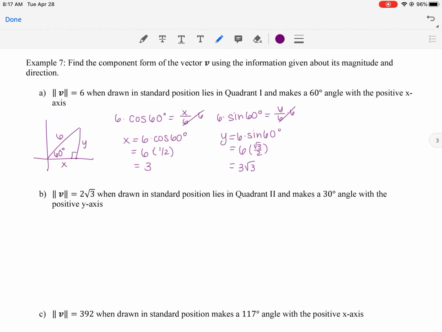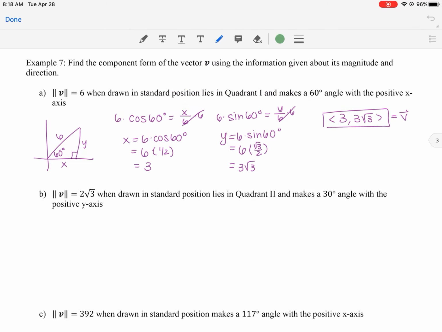So then we get 3 square roots of 3. And you may recognize that from your 30, 60, 90-degree triangle anyway. If you knew that, you would know that the side across from 30 is half the hypotenuse. That may be another way to do it. So here, your x component is 3, your y component is 3 square roots of 3. So this is the vector that they're talking about when they say vector v.